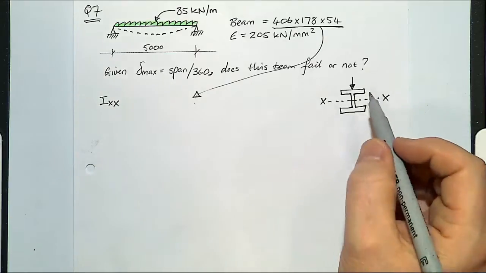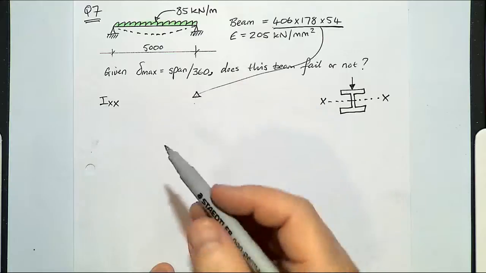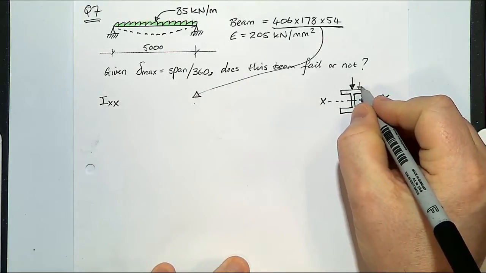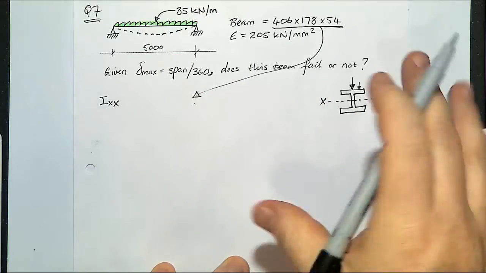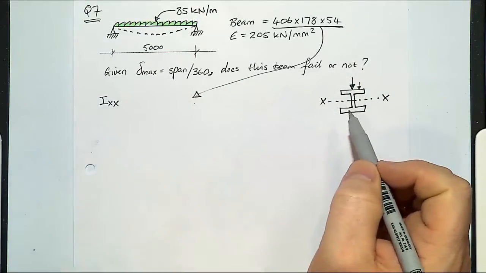Now if there was like a horizontal force, then that's when we'd have to start getting the IYY values. If the force was slightly off to the side, we'd have to consider if there'd be a bit of a twist, so we'd have to start looking at the IYY.